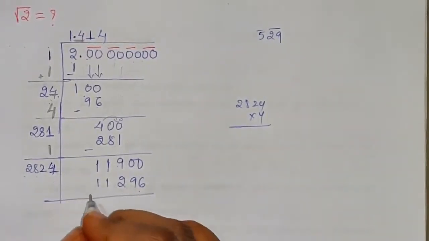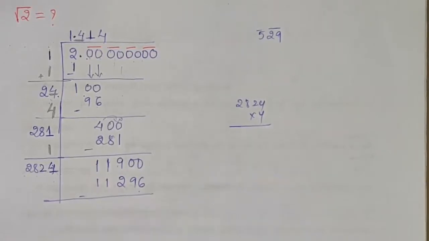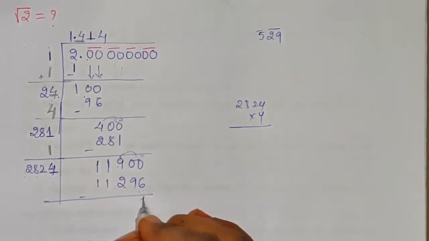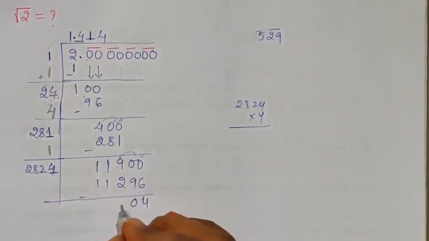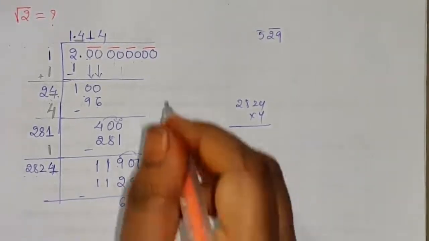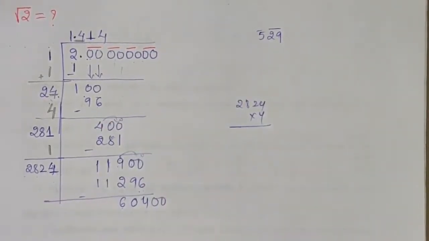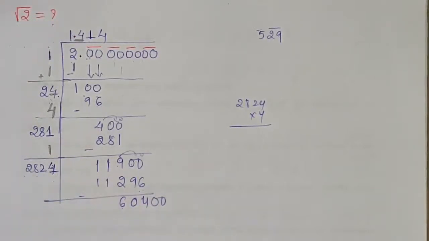So when you take the subtraction from this, here it is 4, here 0 and 6. You can take again 2 zeros. This process will continue some more time, and you can stop anywhere. If in any problem they have given that adjust it to 2 decimals or 3 decimals, you should stop over there, or else you can take up to 3 or 4 decimals as usual.